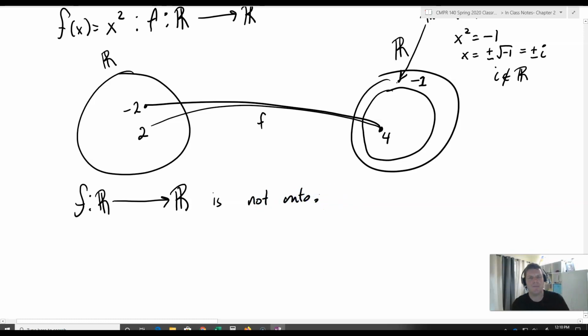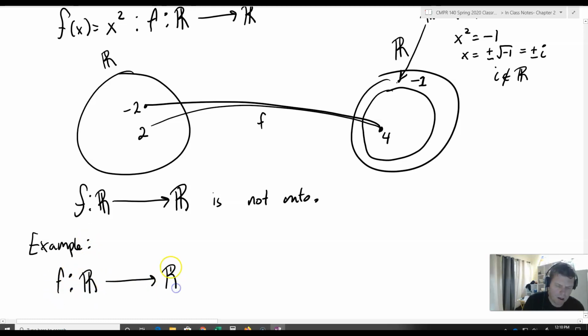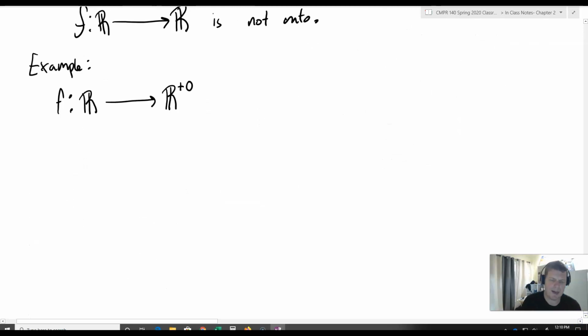Now here's the thing. We can restrict our codomain, okay? So I'm going to give example number 3. In example number 3, I'm now going to take f from R to R plus 0, okay? So what I'm going to be looking at is all the positive real numbers in addition to 0. And I'm going to define f as f of x equals x squared.